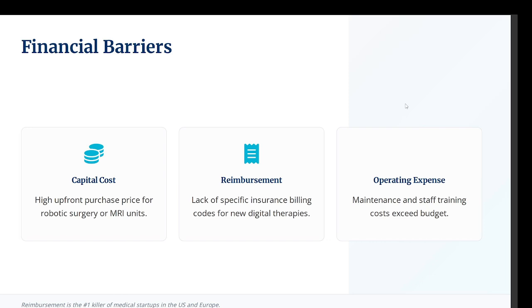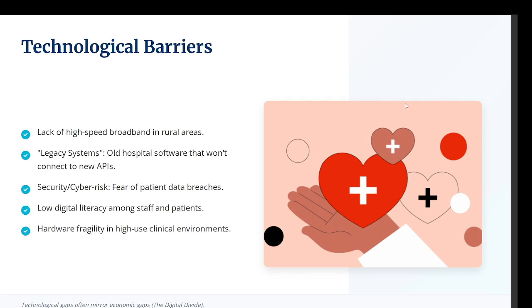Even if an innovation offers long-term savings, high initial costs may discourage adoption, particularly in resource-limited healthcare systems. Reimbursement policies can also play an important role. If insurance providers or government health programs do not reimburse new technologies, healthcare organizations may be reluctant.